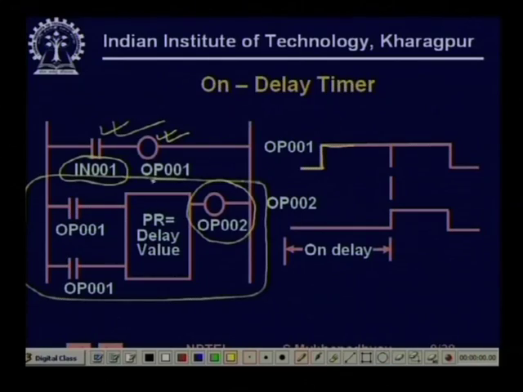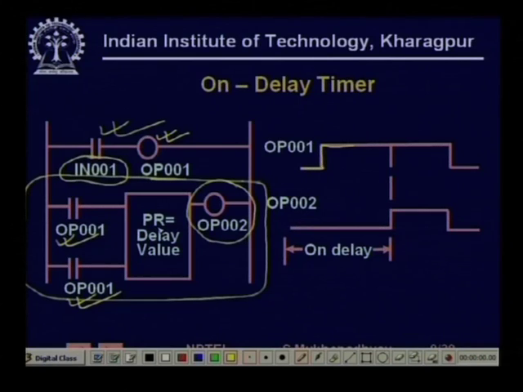So whenever OP001 goes on, the run logic is enabled and the enable reset logic is also enabled, which means that the timer is timing now. The timing register is getting incremented with the internal clock pulses, and when it crosses the preset register, at that time the OP002 signal will go up.